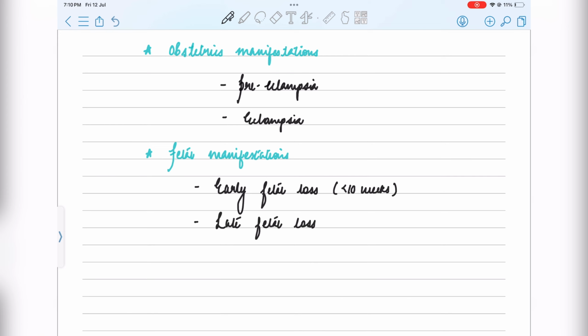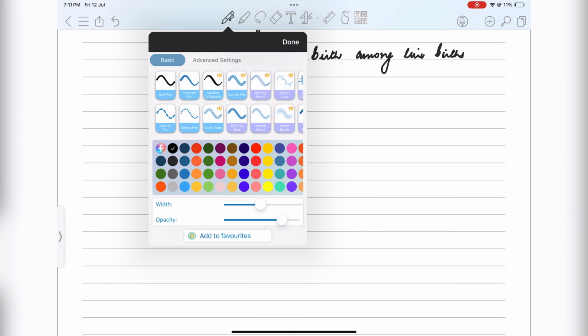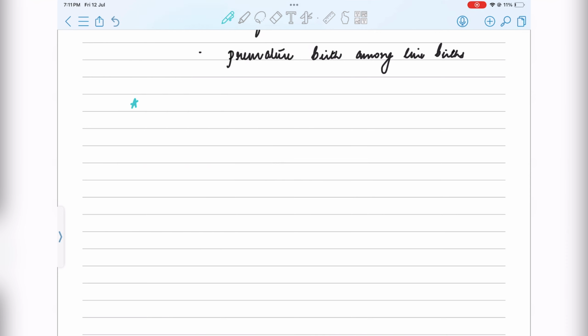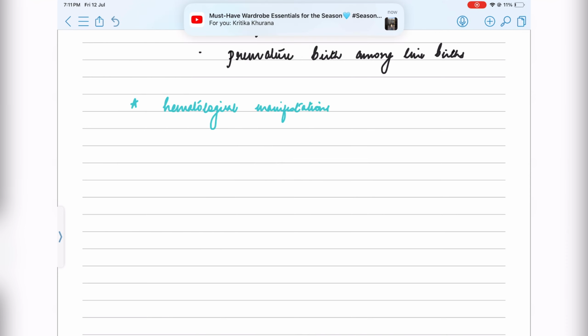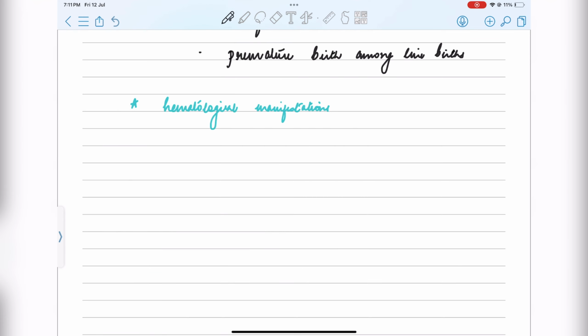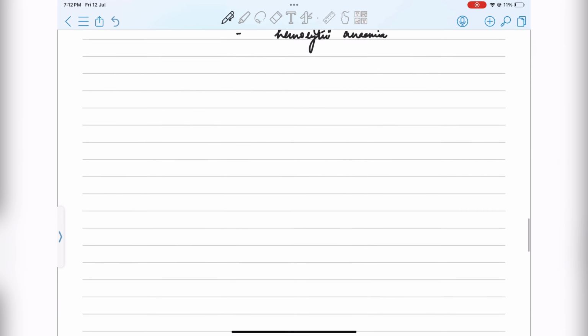If there is early fetal loss in less than 10th week of gestation, if there is late fetal loss more than 10th week of gestation, or if there is premature birth among the live births. We'll be later discussing the criteria in detail. There are some hematological manifestations like patient may have thrombocytopenia and hemolytic anemia.